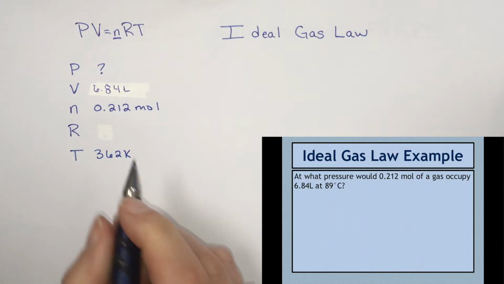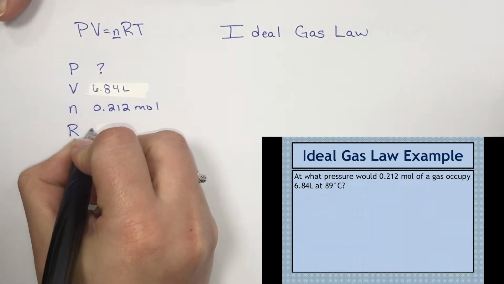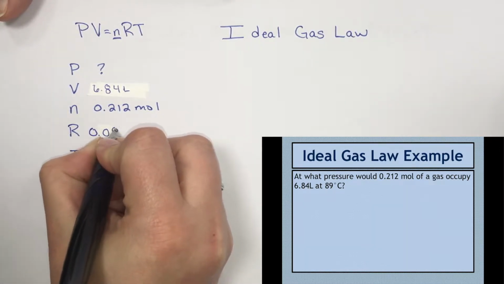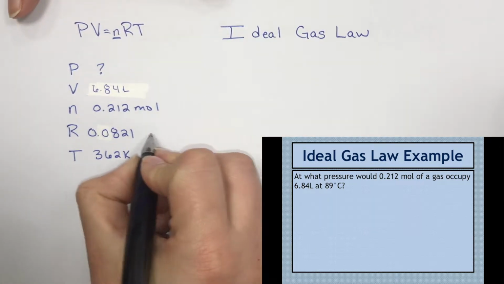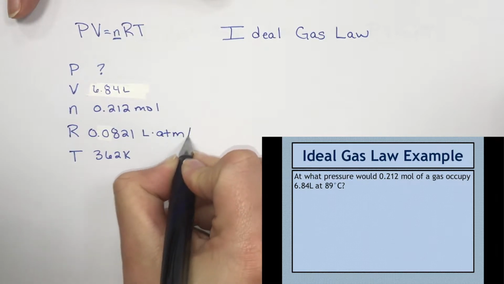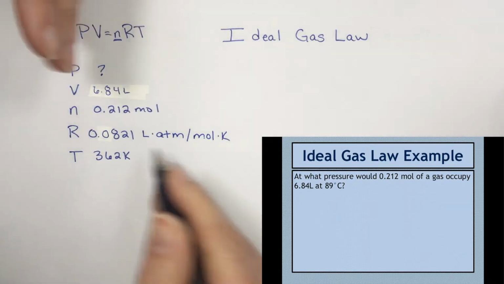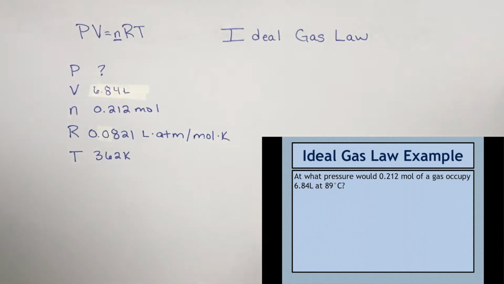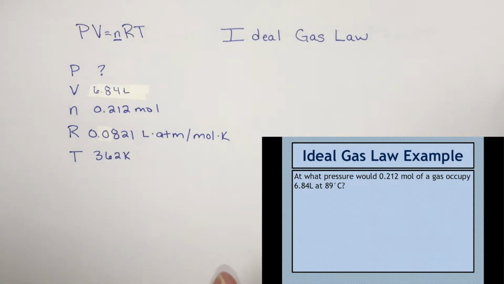Okay, and then remember the constant is the same number every time, and that is 0.0821. The units is liters, atmospheres, over moles, Kelvin. Okay, so don't fret about the units. It doesn't matter in 10th grade. As long as you keep everything the way I ask you to, we're good.